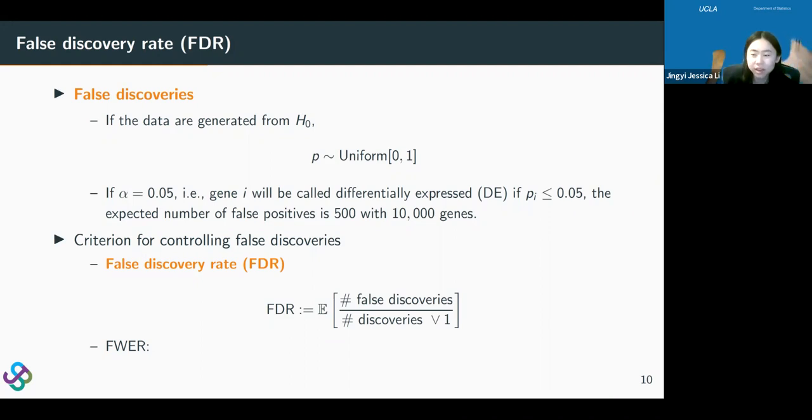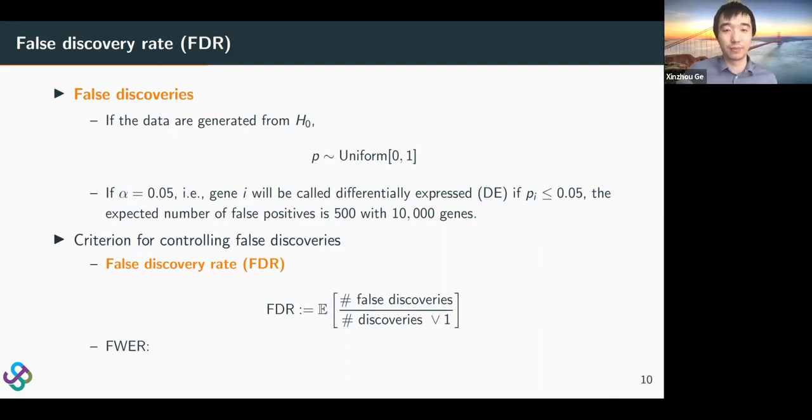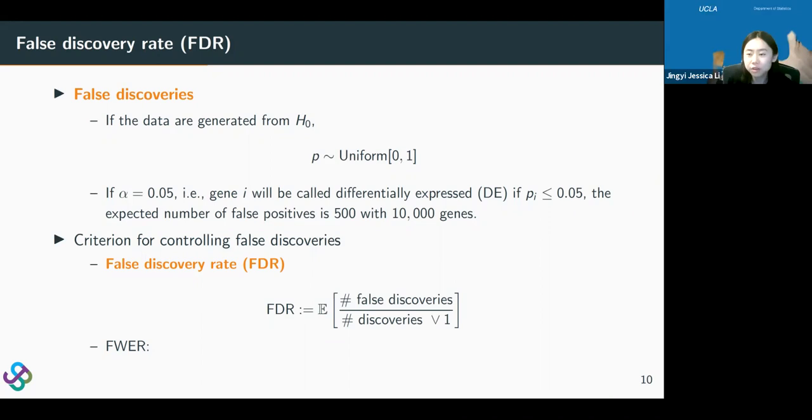He just said, to me, 5% seems to be a small enough probability. That's just where the 5% came from. But if you think 5% is not small enough, you can set alpha to 1% or 0.1%. So alpha itself is just an arbitrary number, which you consider as a small probability.